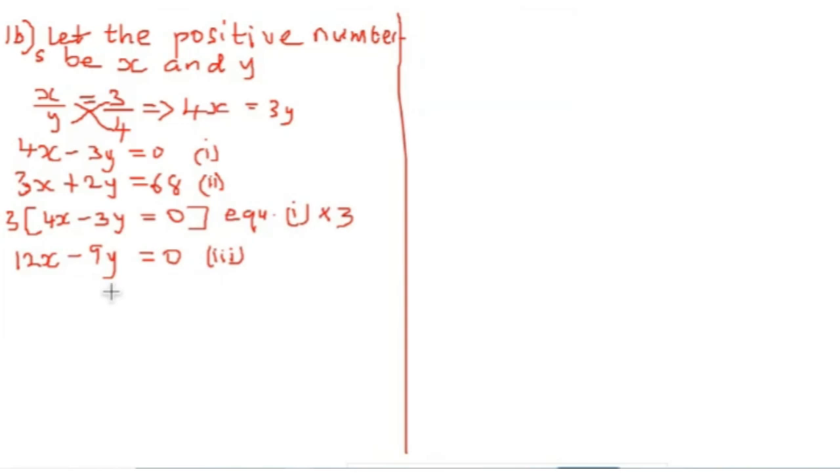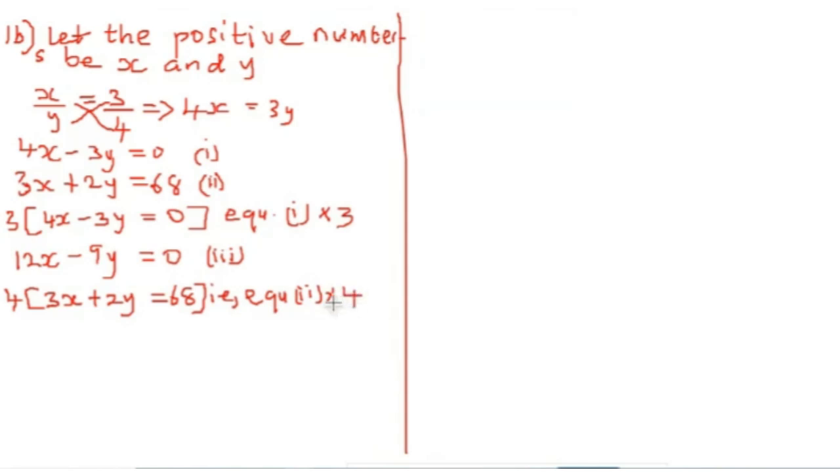Good. Now let's multiply equation 2 by 4. Let's see what that gives us. Everything in equation 2 will be multiplied by 4: 3x plus 2y is equal to 68. So that is equation 2 times 4.